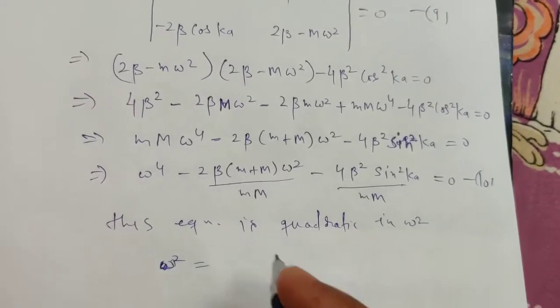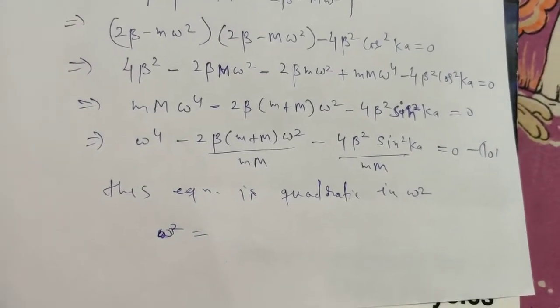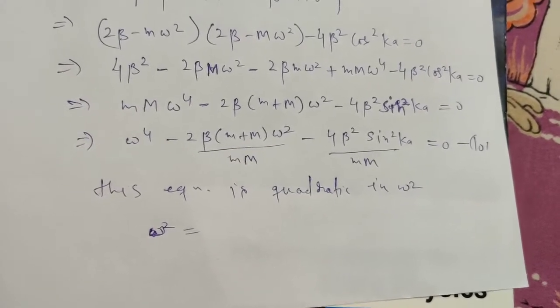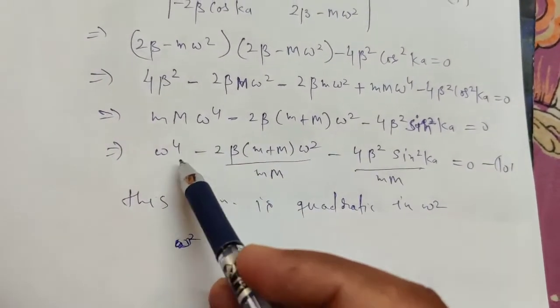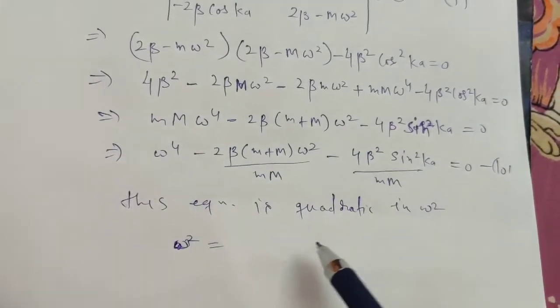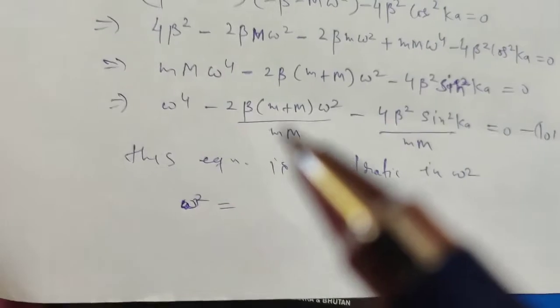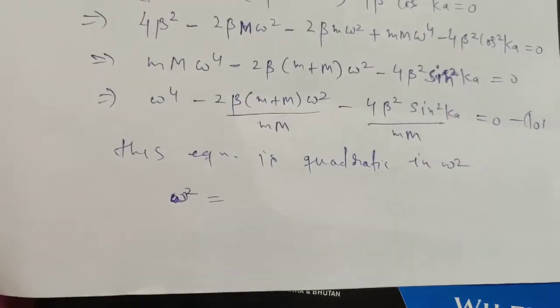We will find the roots, and the formula is minus b plus minus under root b square minus 4ac, divided by 2a. That is the formula for this. By putting this formula I will solve this.